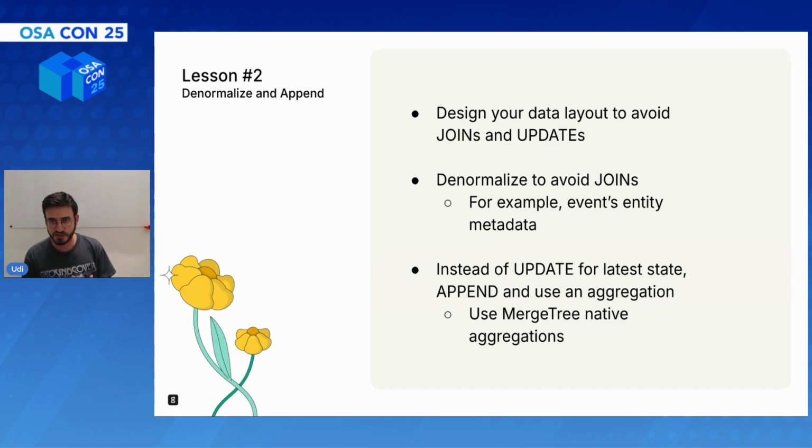So denormalization will be taking the metadata of the entity and putting it as part of the row of the event in the events table, even if it means duplicating the data and storing it many more times than actually needed.